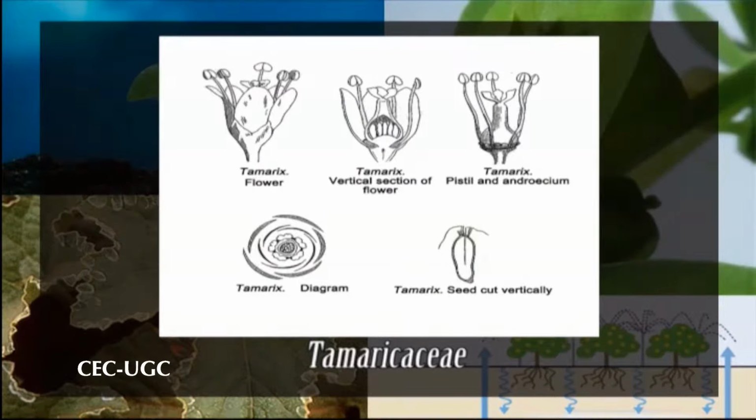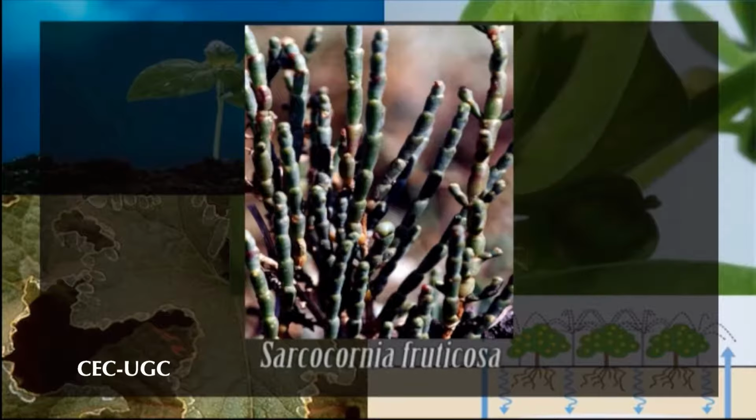In contrast, the stem of the halophyte Salicornia fruticosa has a simple cortex and a single-layered epidermis which is thin-walled, and the photosynthetic tissue has palisade and parenchymatous cells for storage of water.